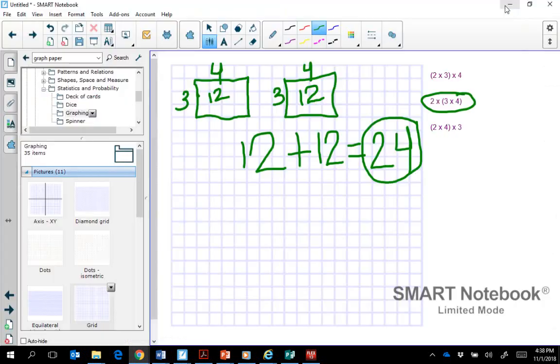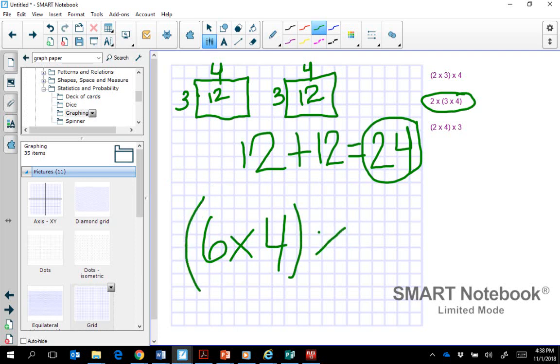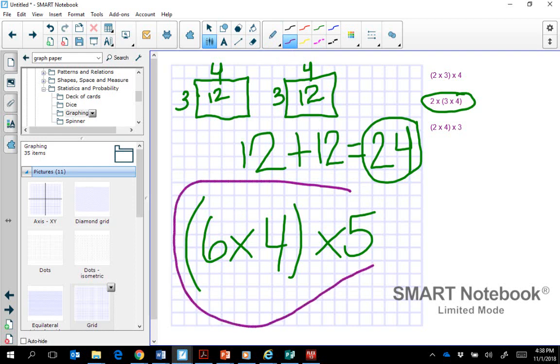One problem I am going to give you to practice with is, let's do 6 groups of 4 times 5. Okay, so again, boys and girls, the way that I gave it to you, this problem right here, it doesn't have to be in this order.